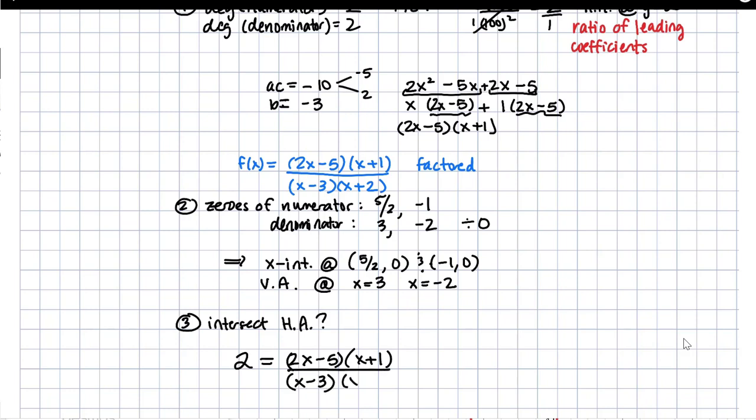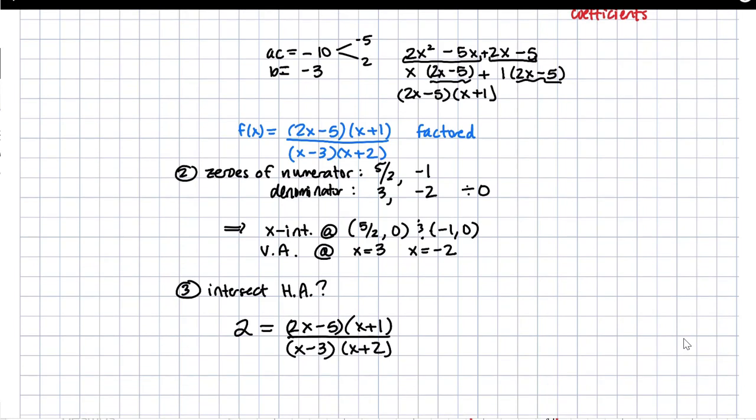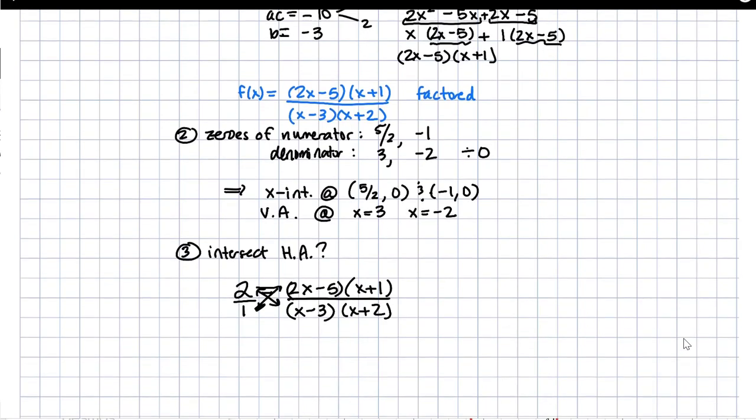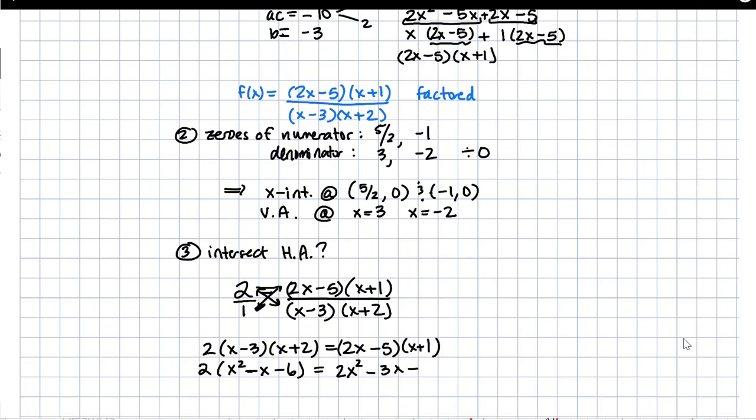Okay, so there is our equation, and if we multiply both sides by the least common denominator, you have the effect of doing that cross multiply, which gives me the following equation. So I get 2 times x squared minus x minus 6 versus 2x squared minus 3x minus 5.